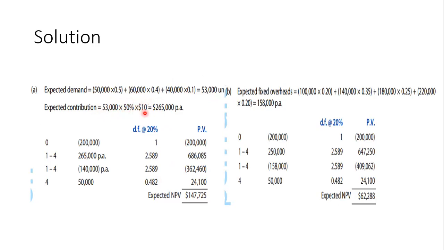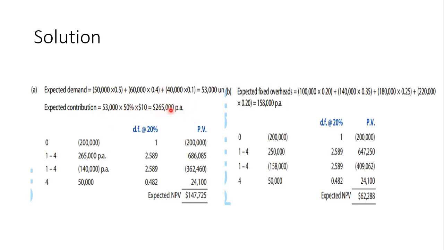The whole of the 10 cedis is your sales. The contribution in it is 50%, so 50% of that gives you 5 cedis per unit, and you multiply by the expected number of units or demand. That gives us an expected contribution of 265,000 per annum.